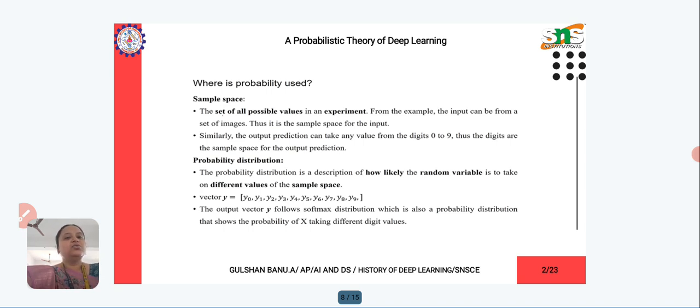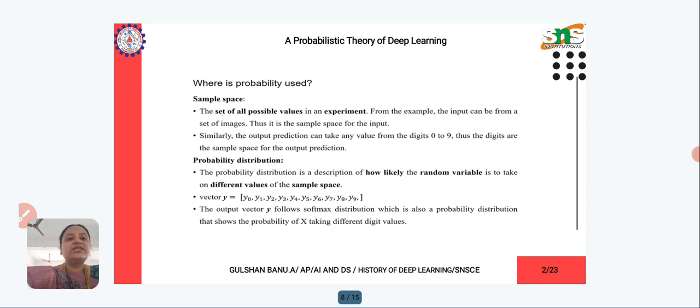Now, what is this sample space? What is the English meaning of sample? A sample is something like the prerequisite or the pre-procedure of what we are getting. We have to get some values. Instead of getting the whole set of values, we check one from the whole, and that is called a sample space.